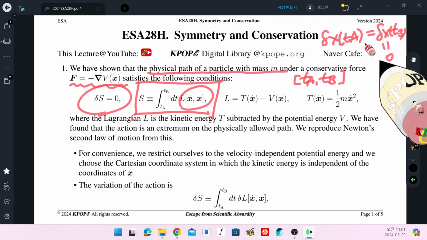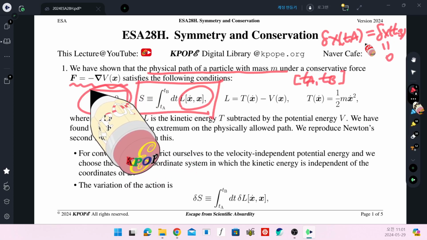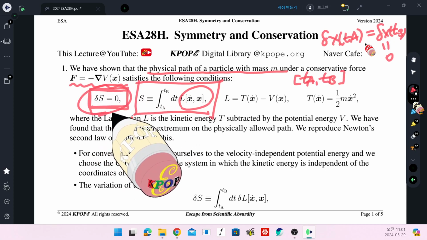In that case, the action is minimized as long as the deviation has been made from the physical path.